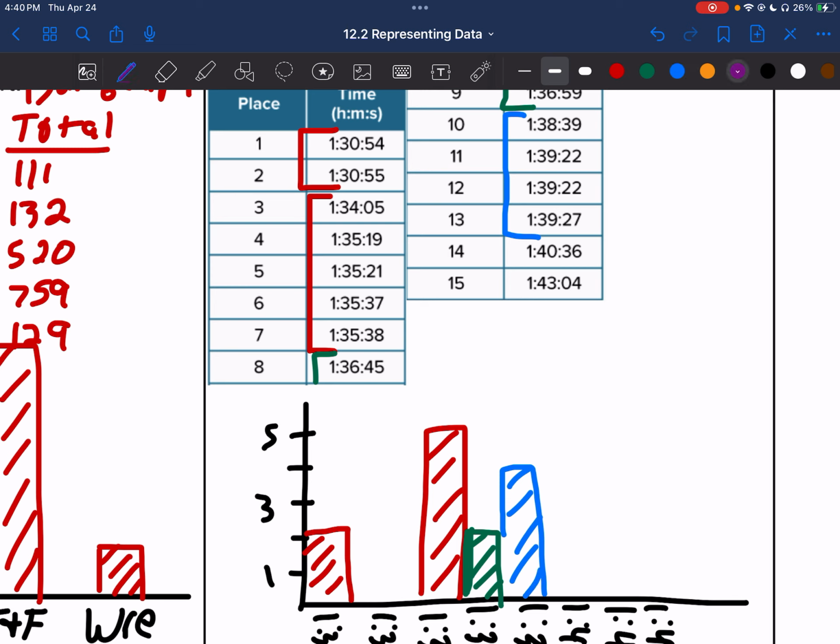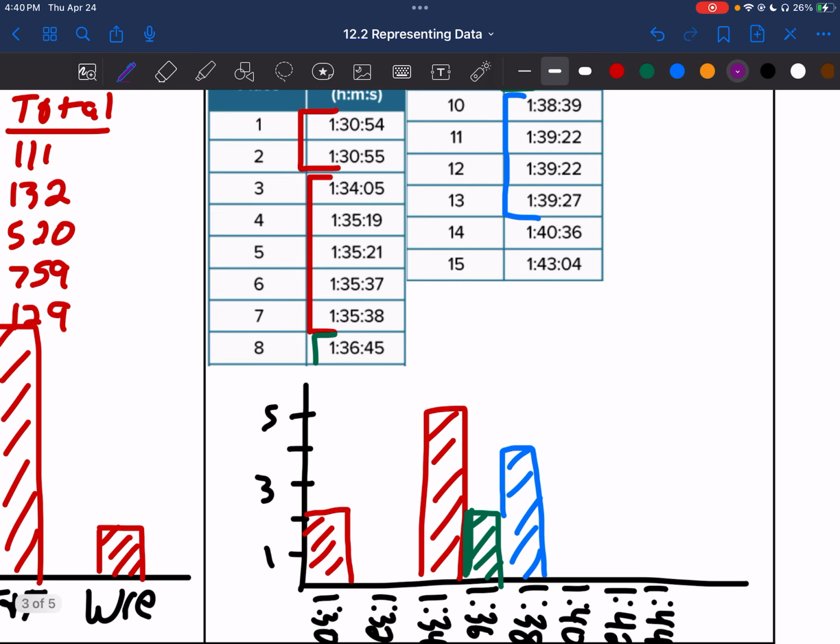And then the next one is 140 to 142. Well, that's just this one. So it's just 1. And our final one is 142 to 144, which is that one right there.